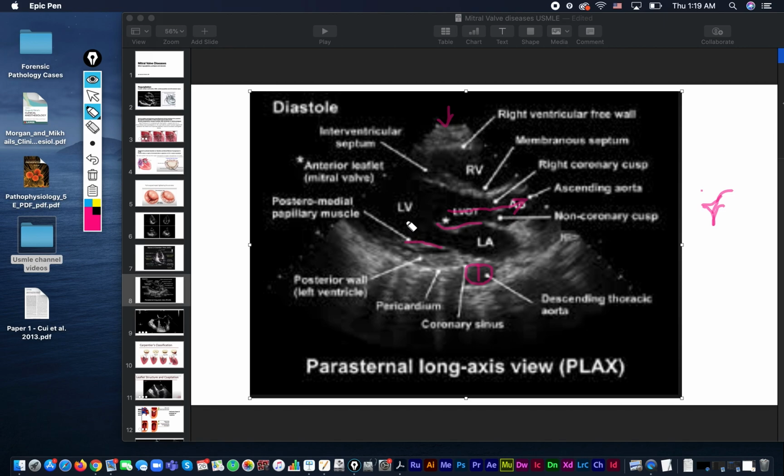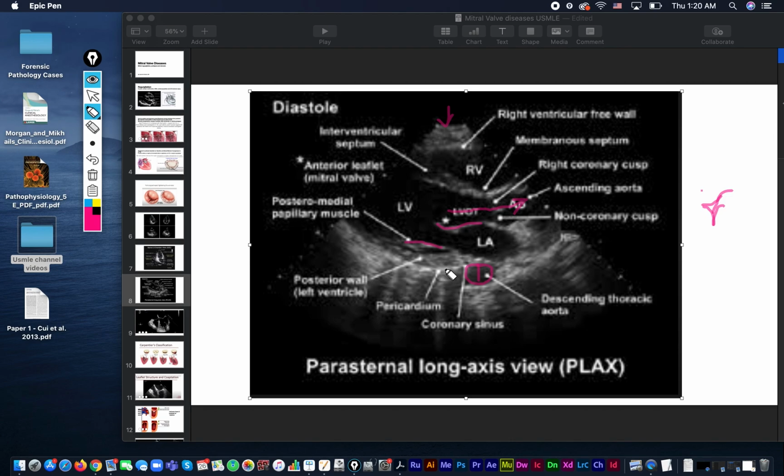Because the papillary muscles are located posterior, and you'll learn why a posterior coronary artery infarct can cause papillary muscle rupture, as they are supplied by that coronary artery, and that causes massive mitral valve regurg, because of complete disconnection from the strings.